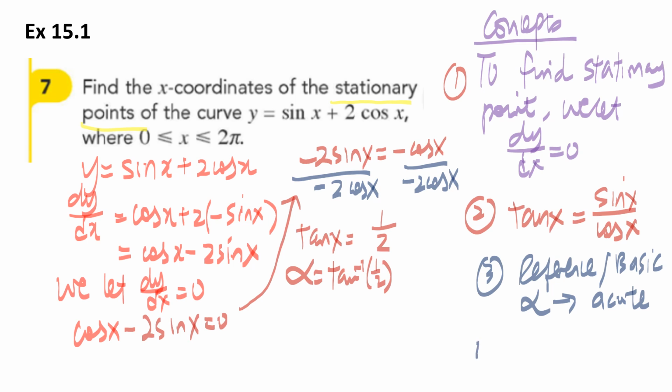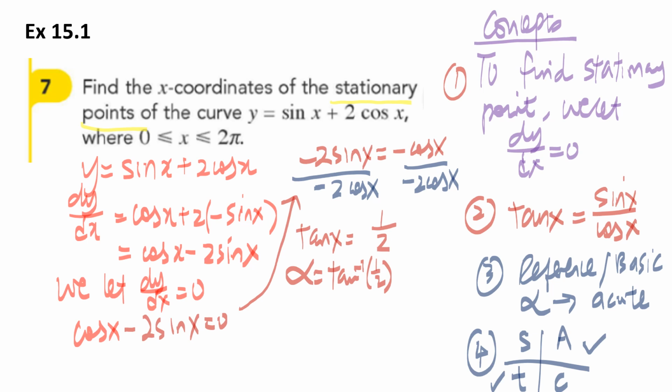the next concept that we need to recall is your ASTC. For tangent to be positive, the angle x will come from the first quadrant and the third quadrant. So let's find angle alpha first.